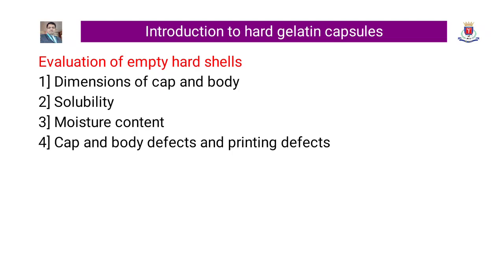The solubility is taken for both cap as well as body. Moisture content is determined. Then cap and body defects and printing defects are measured. The defects include major defects, minor defects and critical defects.